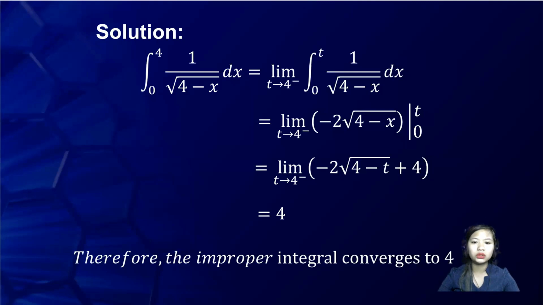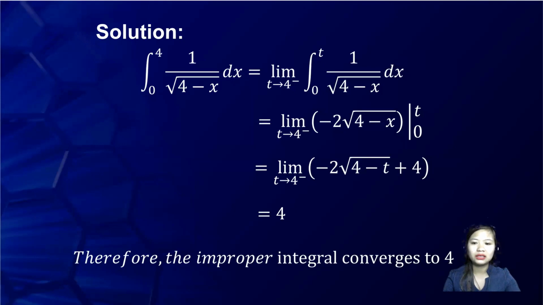So this will be our solution. Same as the previous example, we form that function into a limit. So we have the limit as t approaches 4 from the left of the integral of 1/√(4 − x) dx from 0 to t.